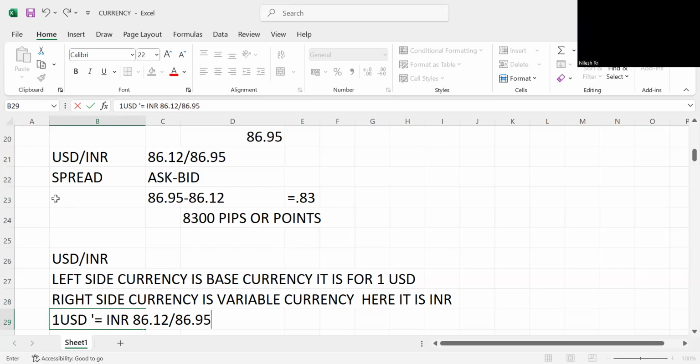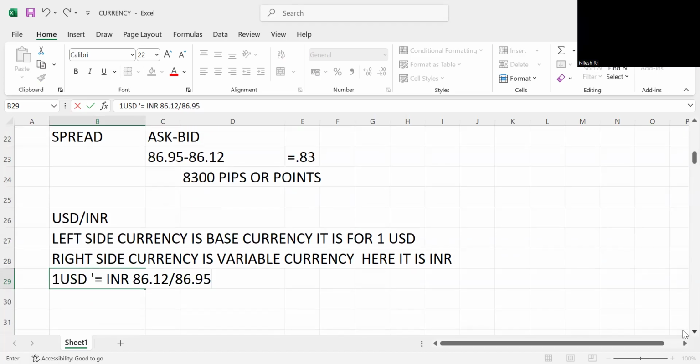And this one full thing, USD slash INR 86.12 slash 86.95, is called one full quotation. That is the base right now, which I'm teaching over here.